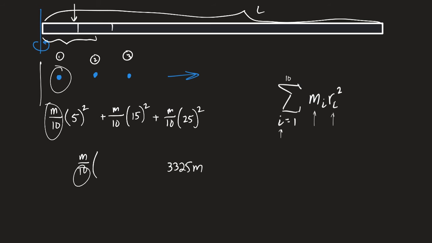Choosing a meter stick means that I get to use something that's already a percentage. Meaning this first piece is 5 centimeters from the axis of rotation, 0.05 meters. That's also 5% of the length. Meaning I could apply this to any rod by saying that this is 0.05 L squared.